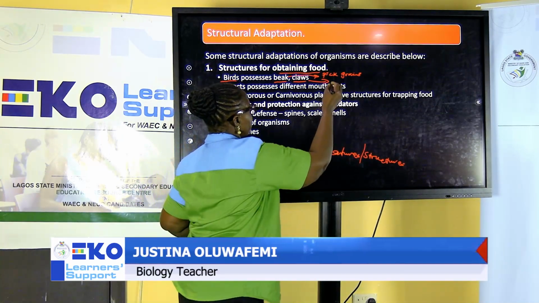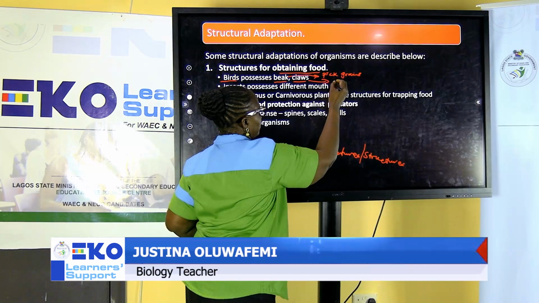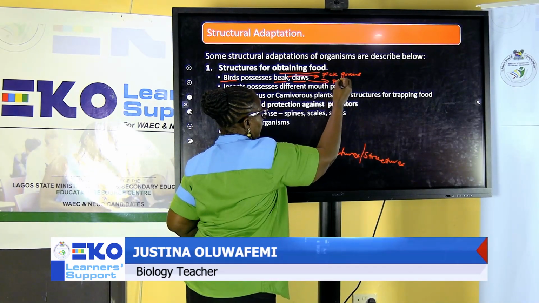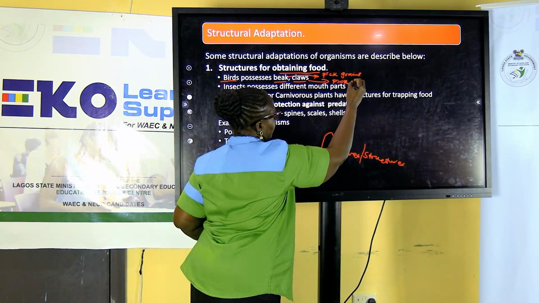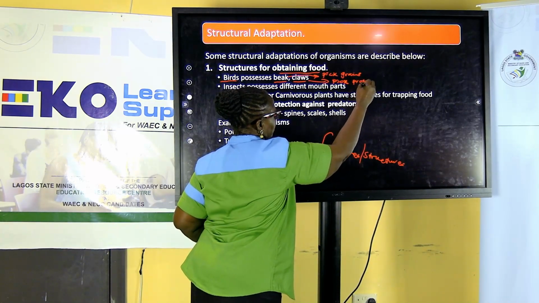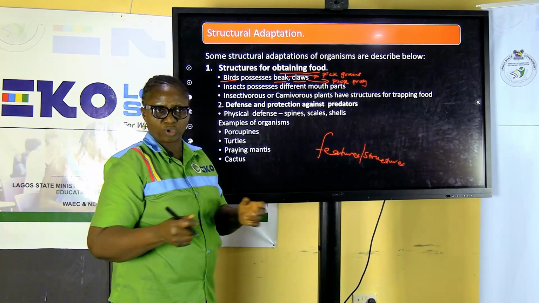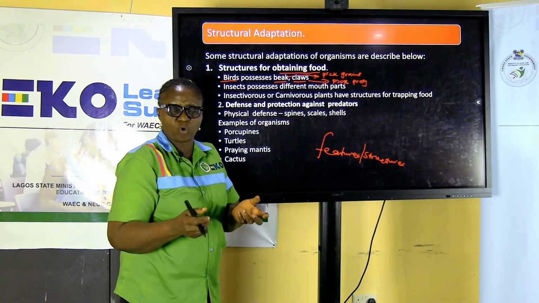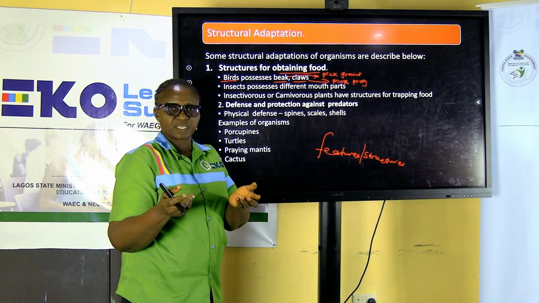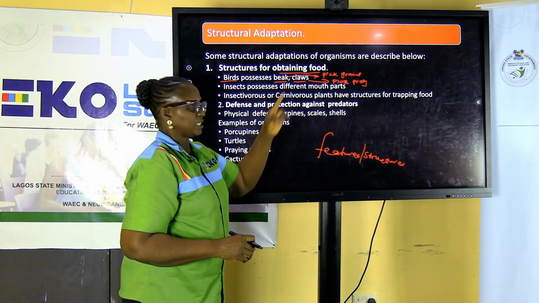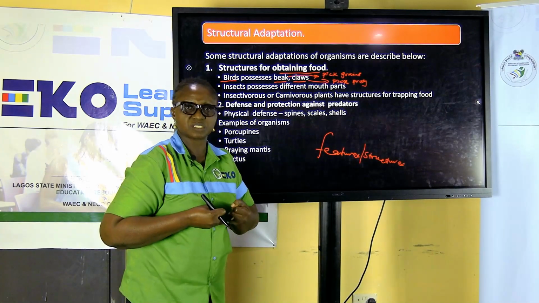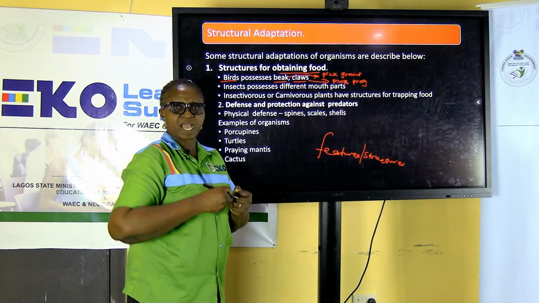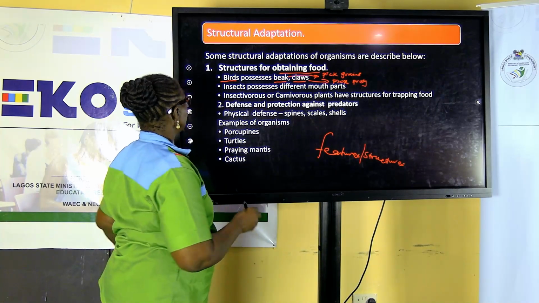It is equally to pick prey, what they feed on. Like a hawk that is picking a hen or a chick. So the hawk will use the claws to hold, to grab the animal and run away with it.